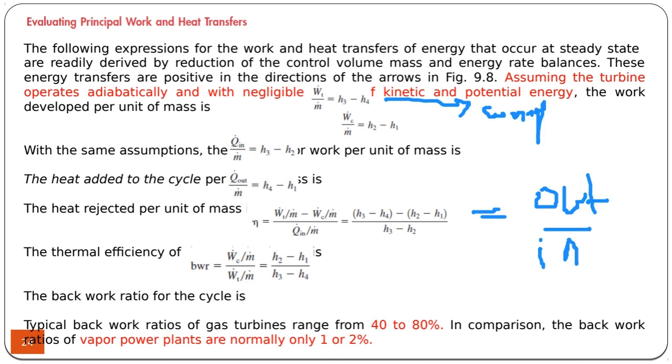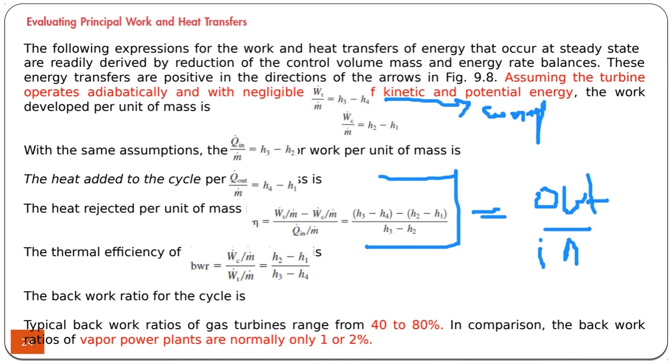And of course, some part of the turbine work is used for the compressor. It's called back work ratio. Back work ratio is the compressor work divided by turbine work. It means that so many percentage of the turbine work is used for the compressor. And for gas turbines, it's usually between 40% and 80%.